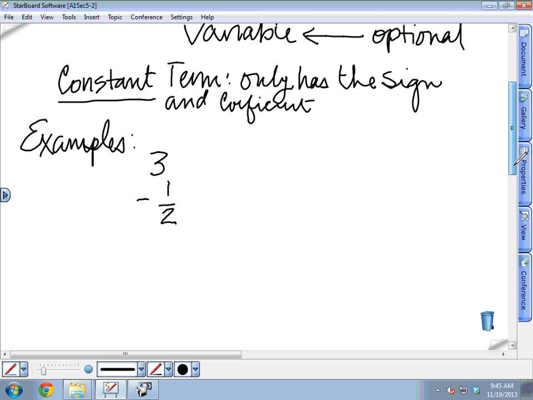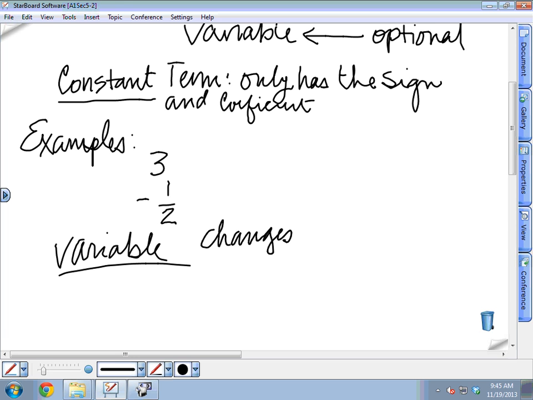Can I move up a little here now? Now, the variable varies. This changes. That's why it's called a variable. Now let's take some examples of variables.